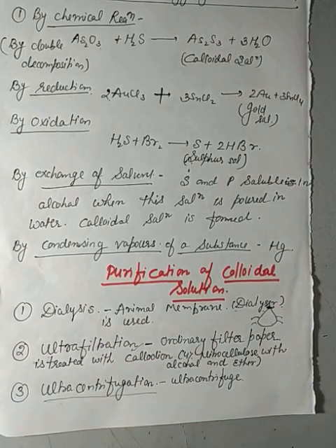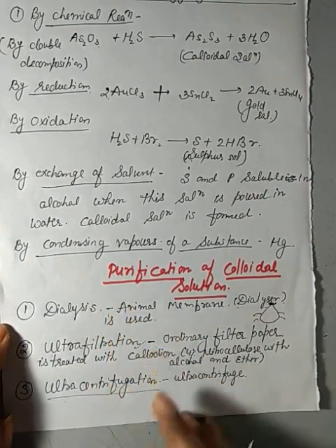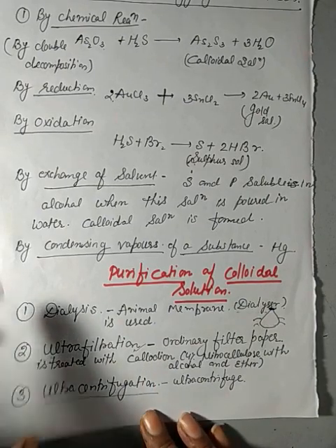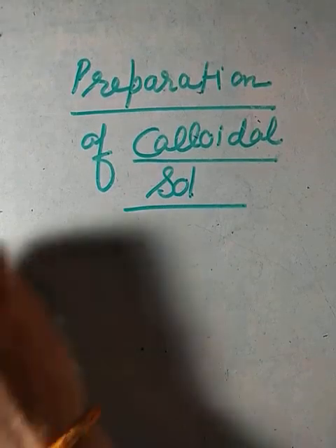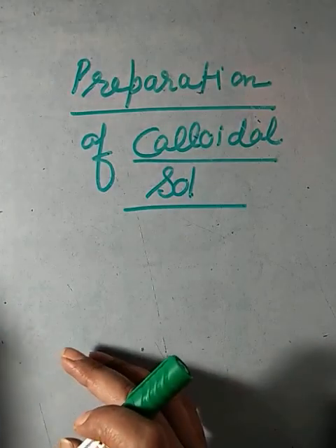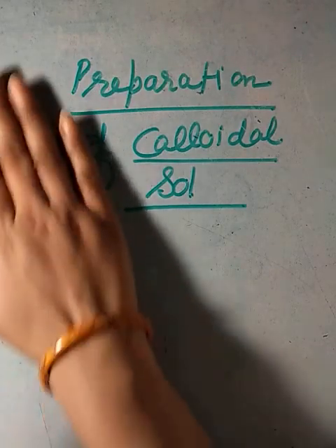So these are the methods by which we can purify a colloidal solution, and these methods are dialysis, ultrafiltration and ultracentrifugation. Now today we will discuss one more topic. It is the properties of colloidal solution.